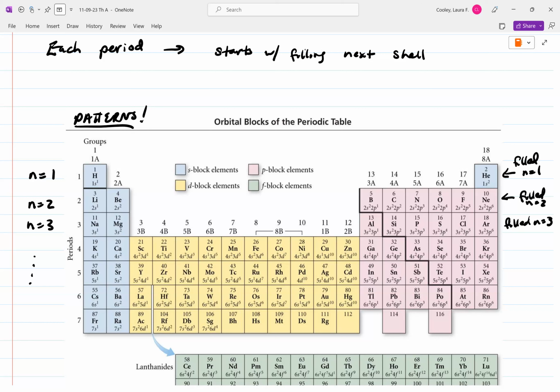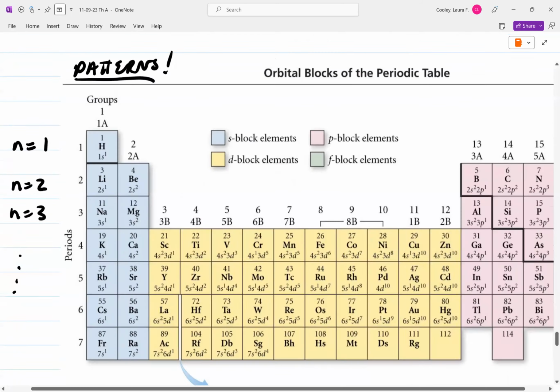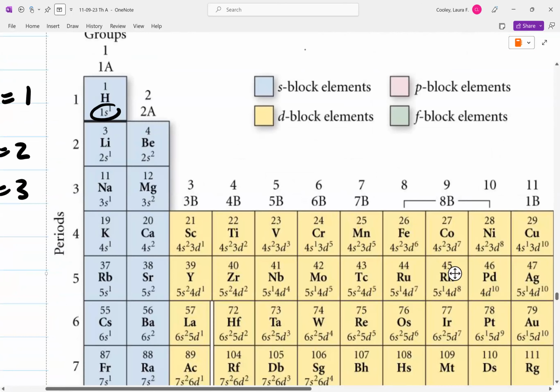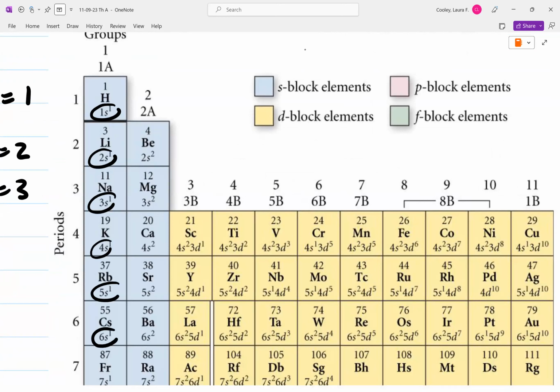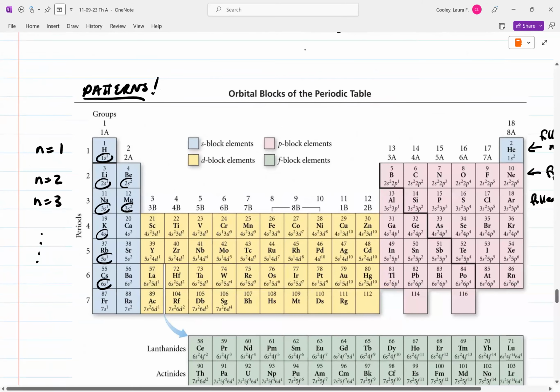Okay. And now when you go down a group of the periodic table, as I have just said, you have the same outer shell electron configuration all the way down. What this is showing is the valence electrons. Here going down, you have the same outer shell electron configuration.